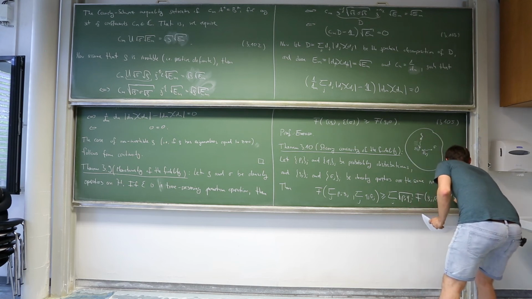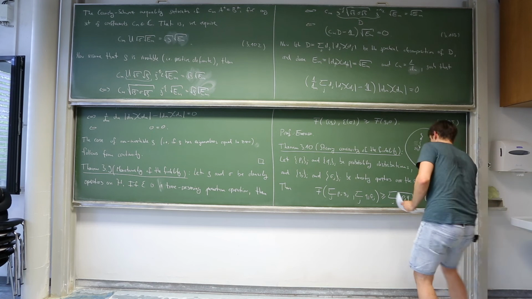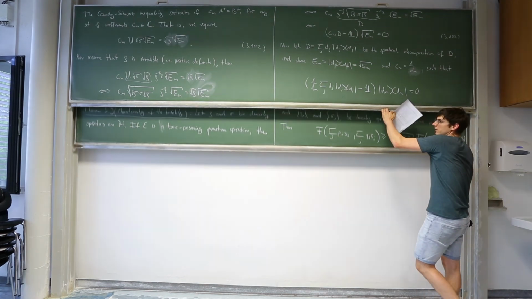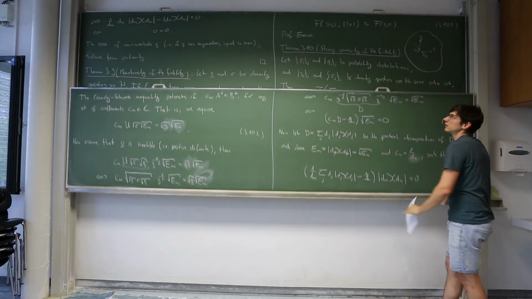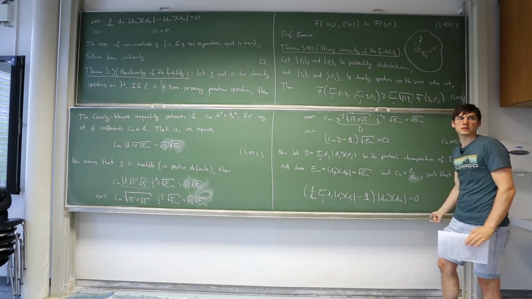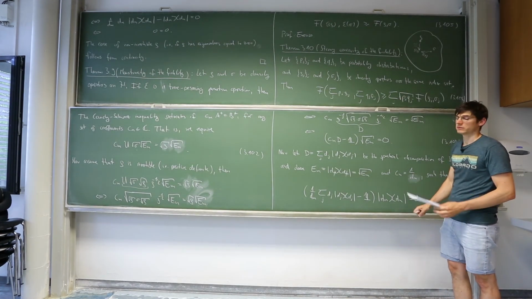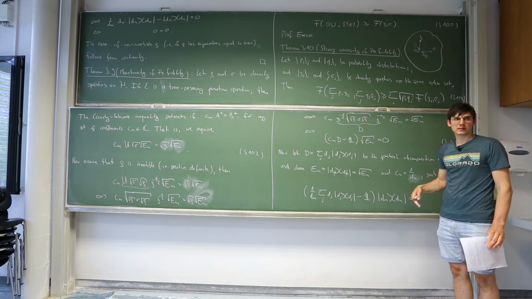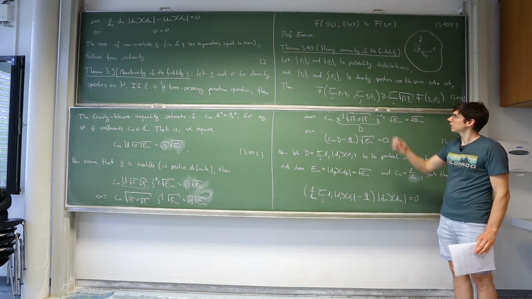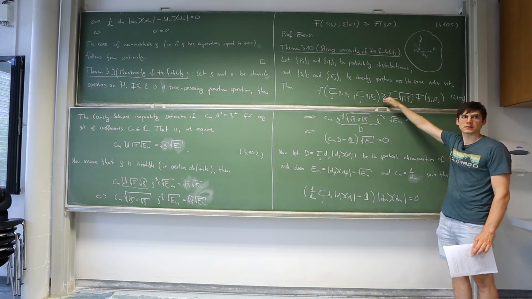So this is 3.10. This is called the strong concavity. Remember that for the trace distance we had strong convexity, meaning that instead of greater or equal we had smaller or equal.